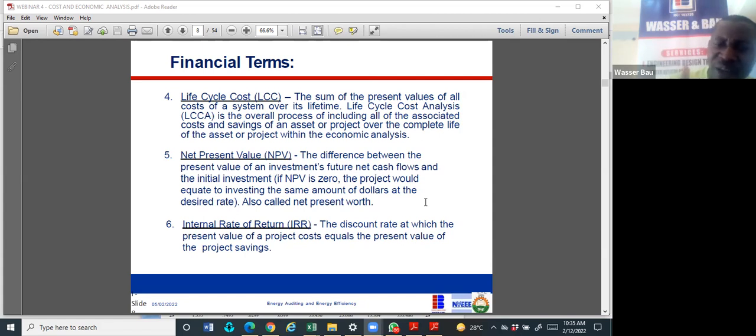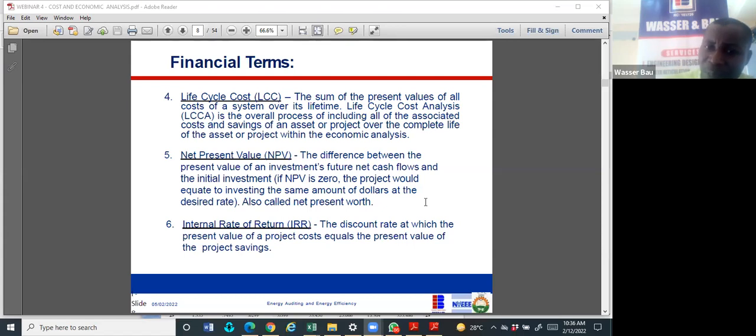So number 5 and number 6 have something in common. Whenever your net present value is zero, the interest rate at that point is called IRR, which is internal rate of return.